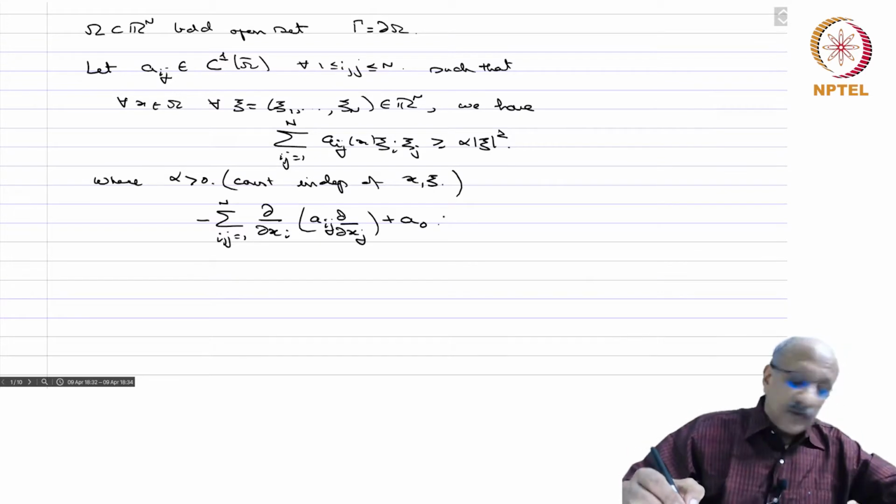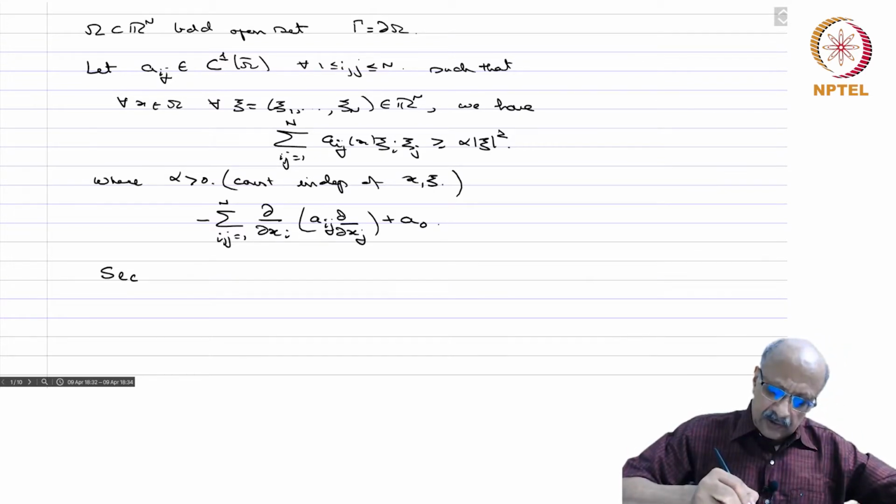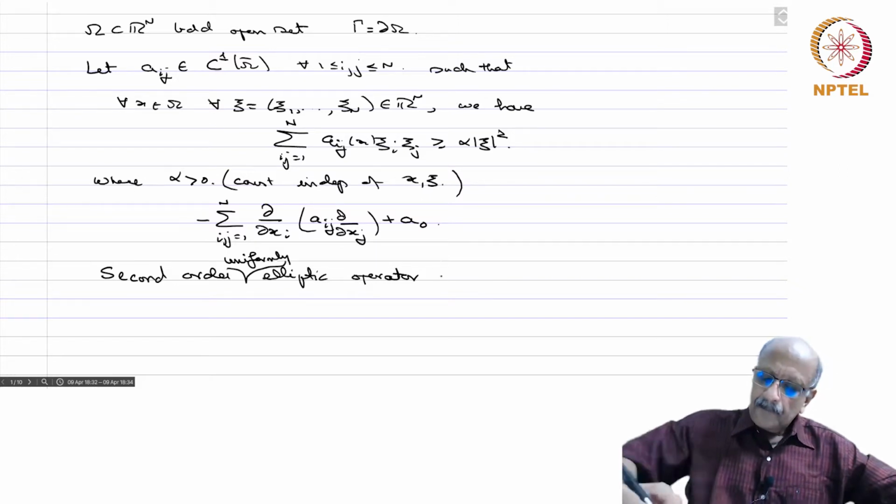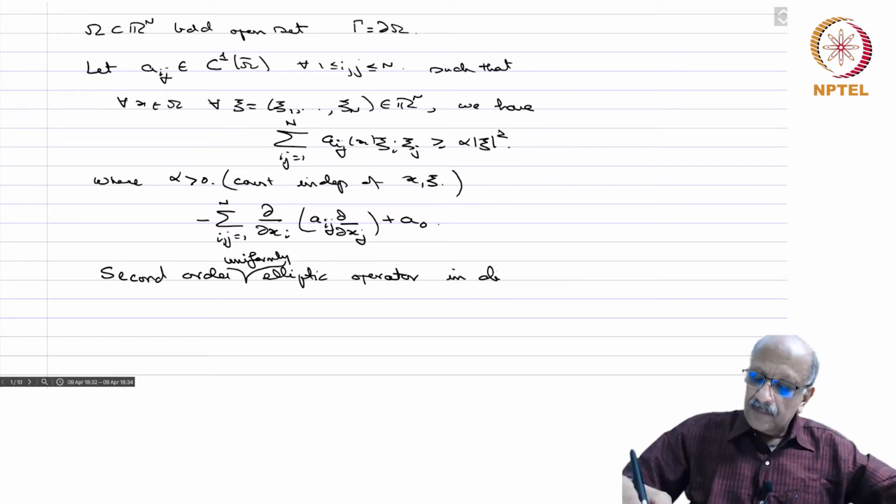Okay, so this is called a second order elliptic operator, uniformly elliptic, in divergence form.